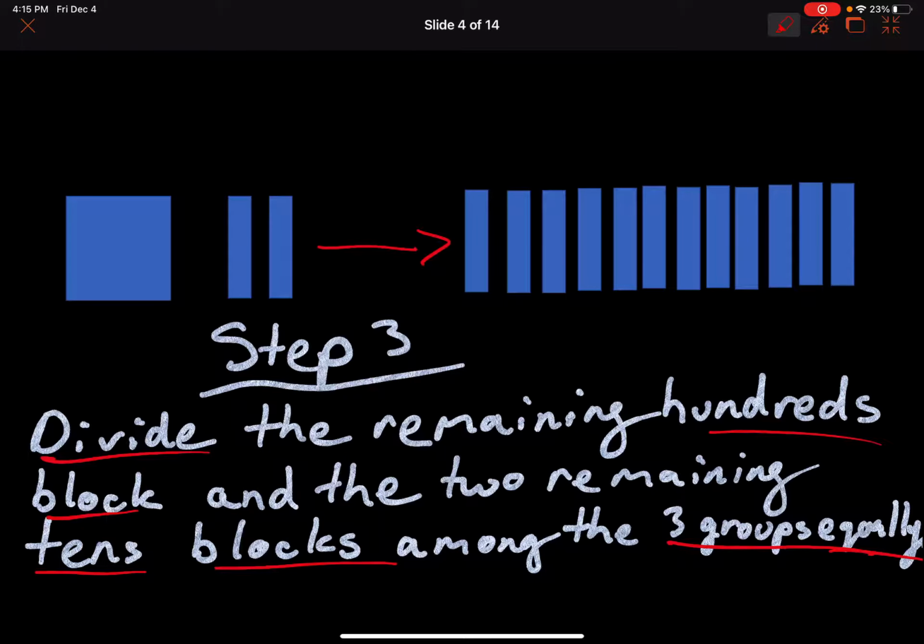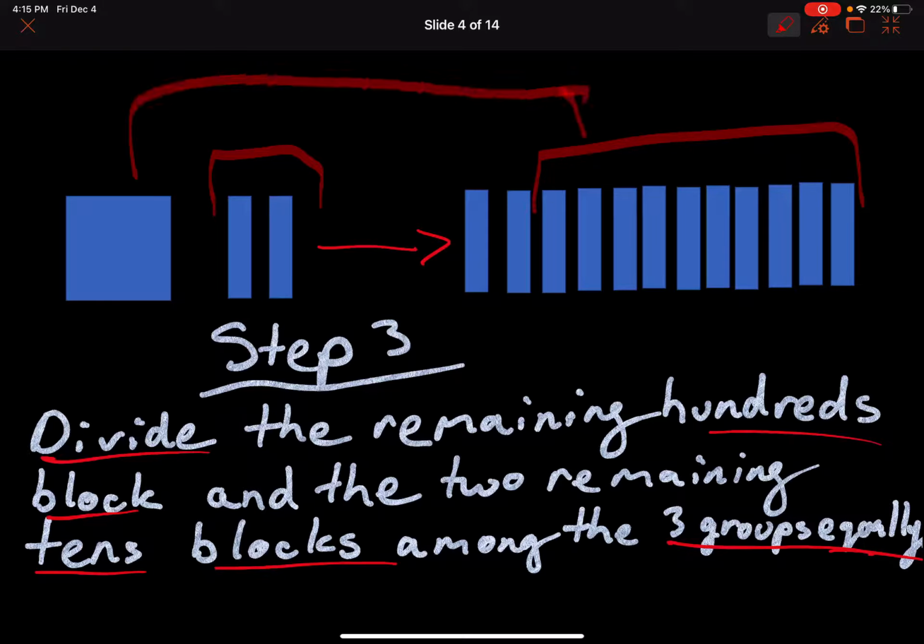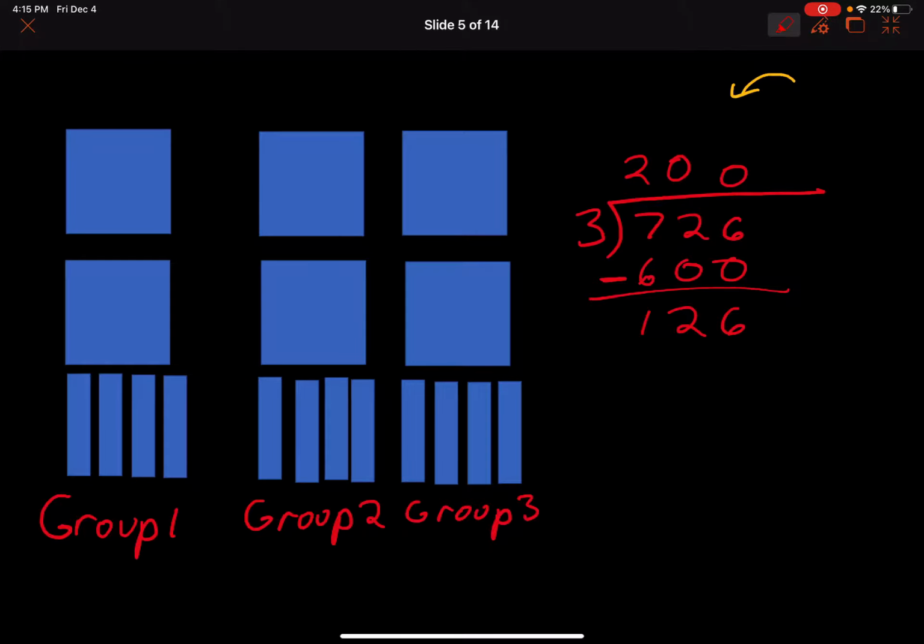So step 3, I'm going to divide the remaining 100 block and the 2 remaining tens blocks into 3 equal groups. But the first thing I had to do is change that hundreds block into tens blocks so that it could be divided up. So I have 4 here, 4 here, and 4 here.